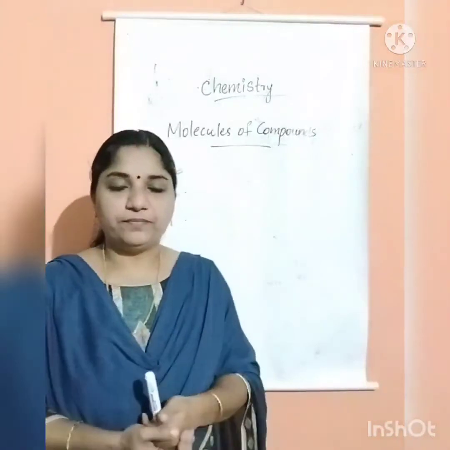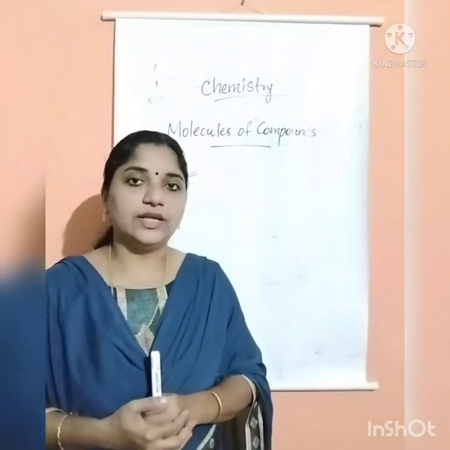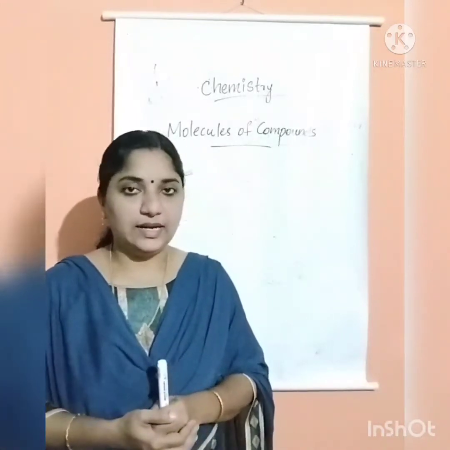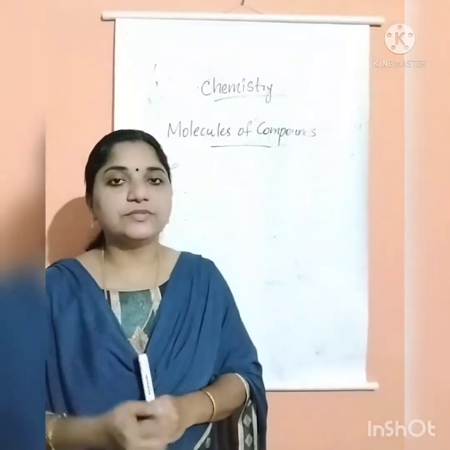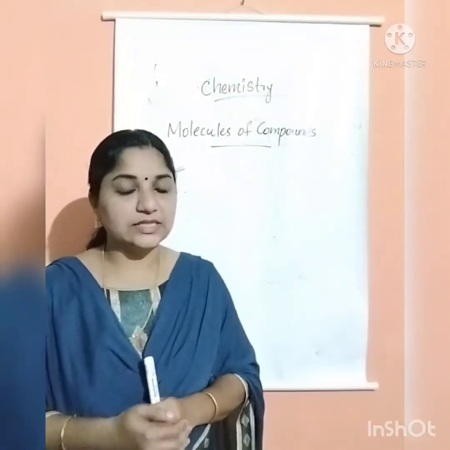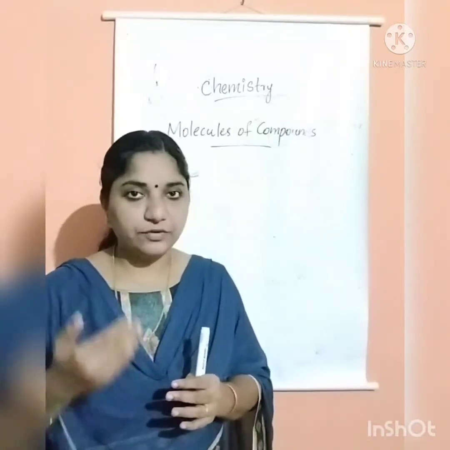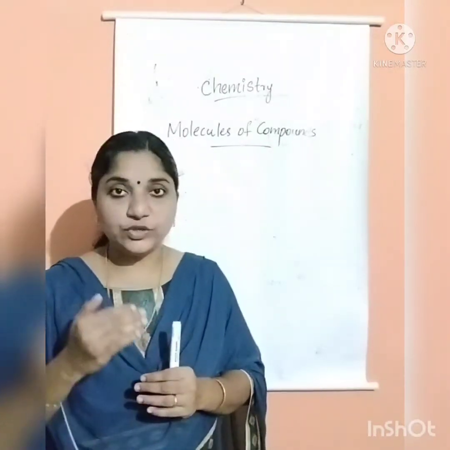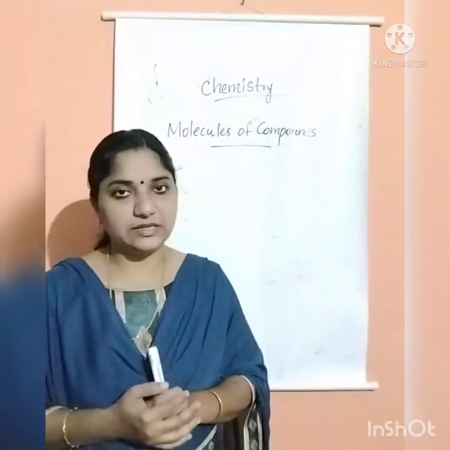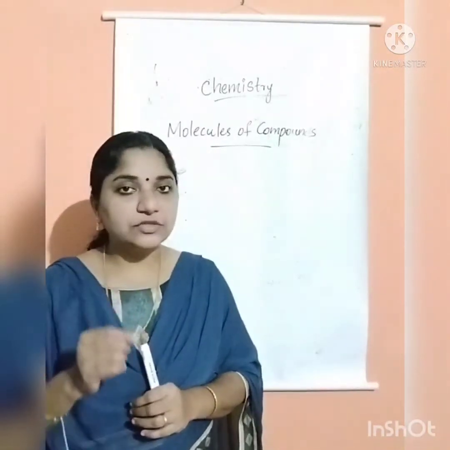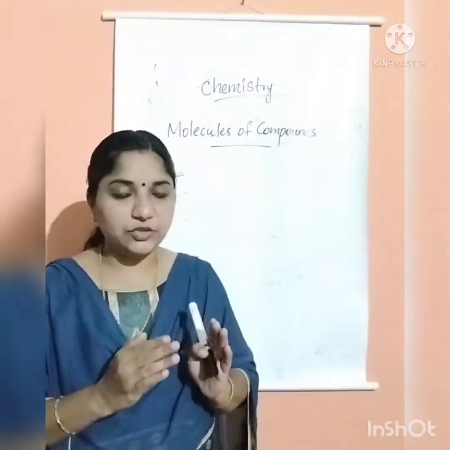Compounds are formed. We know that compounds contain more than one element, that is, they contain different types of atoms, isn't it? Molecules of elements are constituted by the same type of atoms, but molecules of compounds are constituted by different types of atoms, because atoms of different elements are combined in a particular ratio.